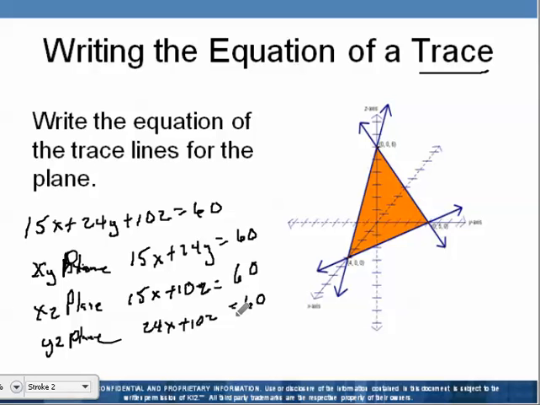Can you see what I did? I left one term out of the equation for the plane to get the equation for the trace. Trace, again, is that line that's on the plane, where the plane hits two of the axes.